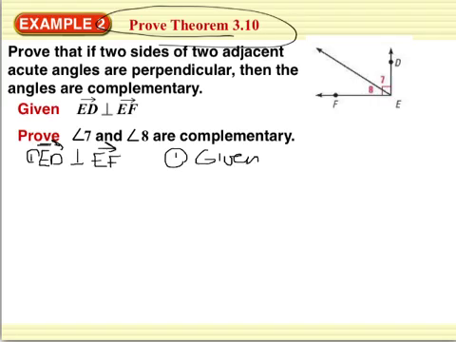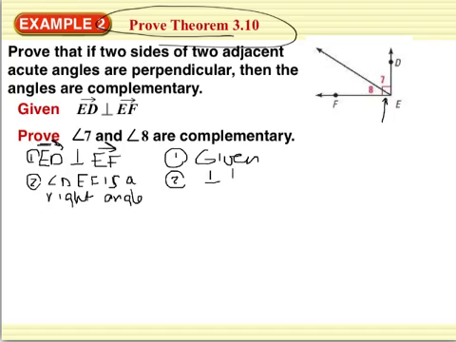Okay, what else do we know? Well, it says right there that angle DEF is a right angle. Reason 2 is perpendicular lines form 4 right angles.